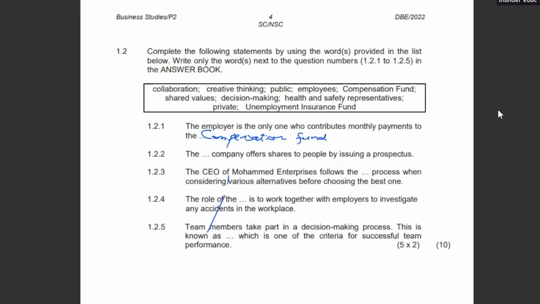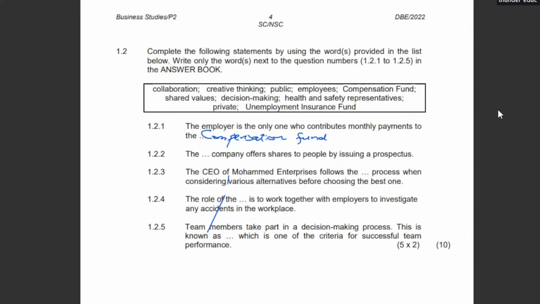Right. So now let's move on to 1.2.2. The dash company offers shares to people by issuing a prospectus. So this one that issues a prospectus and gives out shares to people, in most cases we refer to it as a public company.